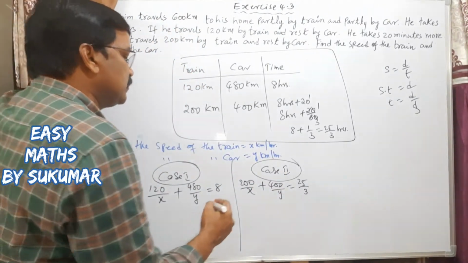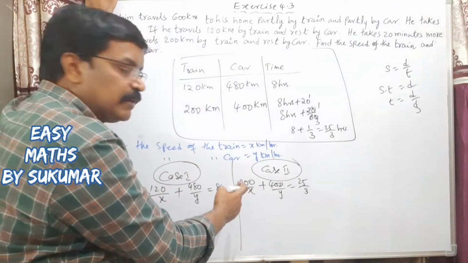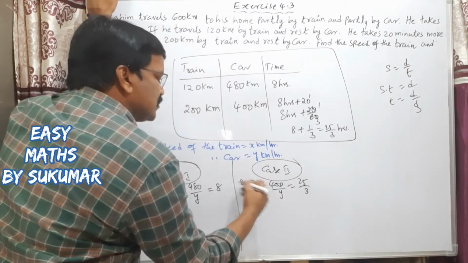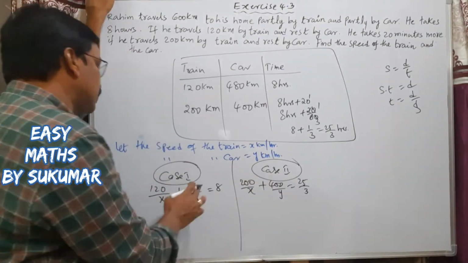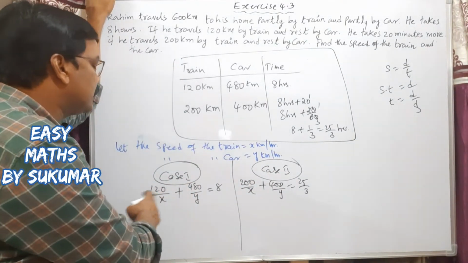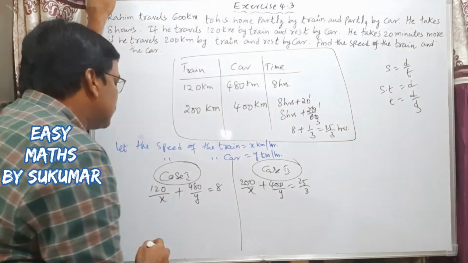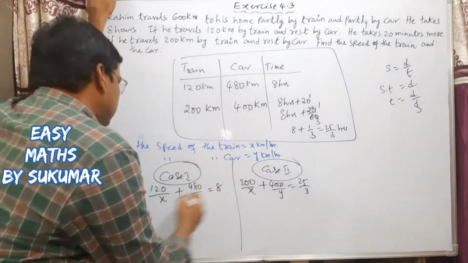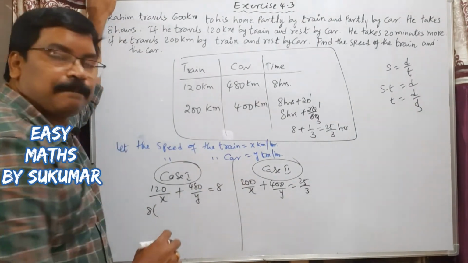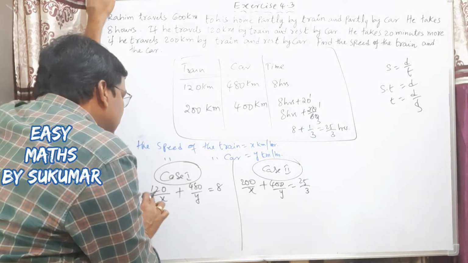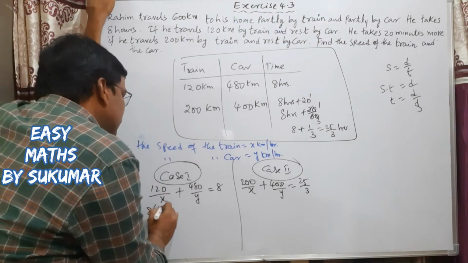Now my dear students, let us simplify this equation. Just take the common factor. Here 120 is the common factor, or take 8 as common. If you take 8 as common in 120, 1 8 is 8, 5 8s are 40.